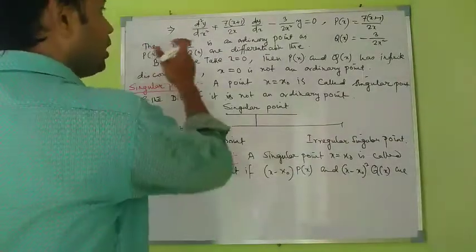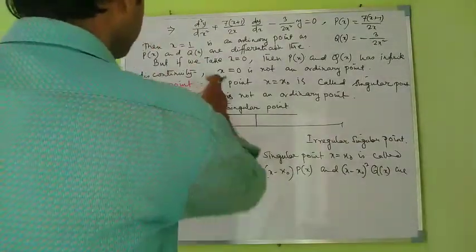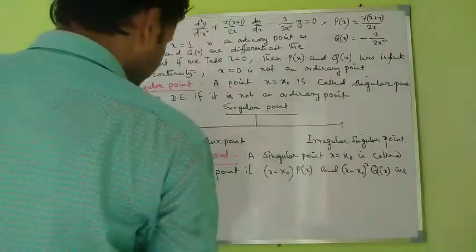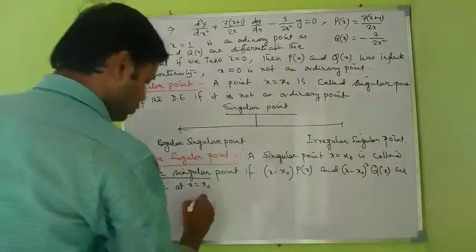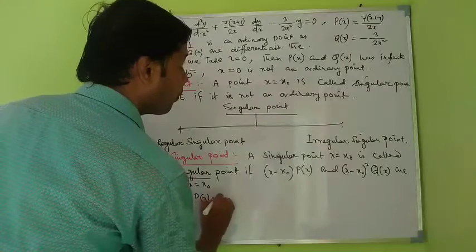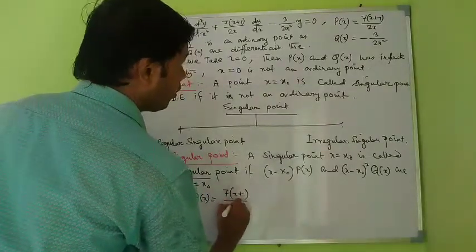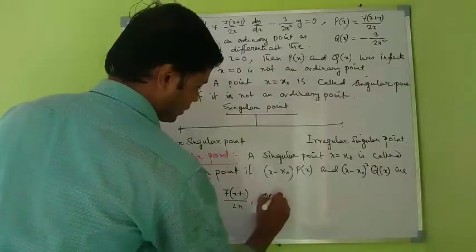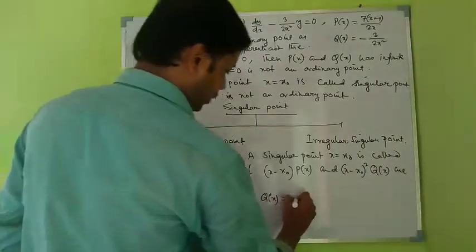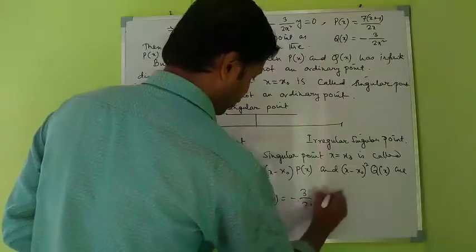So for this example, p(x) is equal to 7 into (x plus 1) by 2x and q(x) is equal to minus 3 by 2x square.